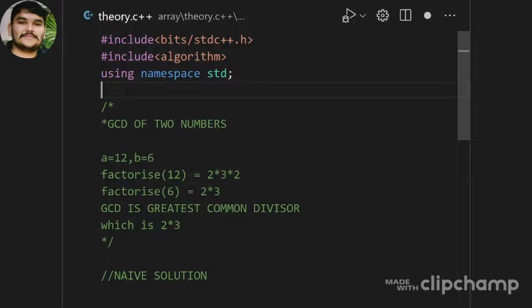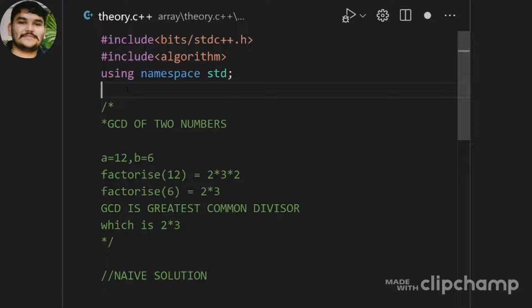If we factorize 12, we get 2 into 3 into 2, and if we factorize 6, we get 2 into 3. So 2 into 3 is the common and smallest. So the answer is 2 into 3, that is 6, which is the GCD of these two numbers.